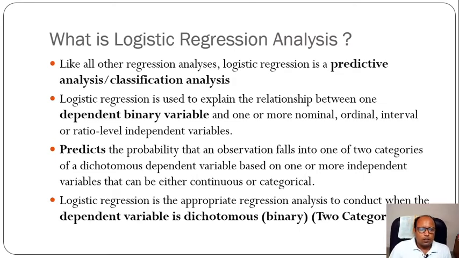Logistic regression is an appropriate regression analysis to conduct when the dependent variable is dichotomous. So this is a very important thing to remember: logistic regression analysis is primarily used when your dependent variable is a category variable with two categories, whereas your independent variables can be categorical or continuous or any kind of scale variable you have.